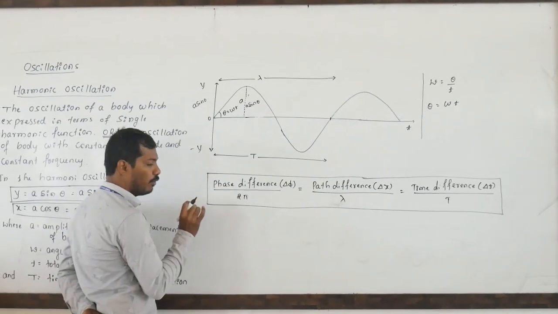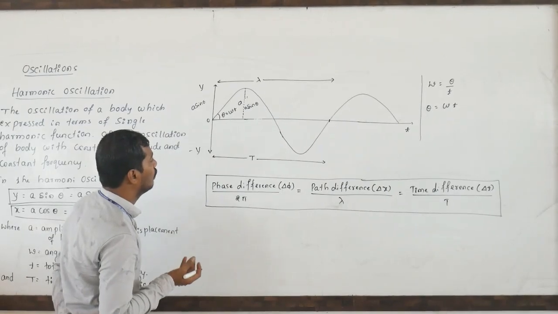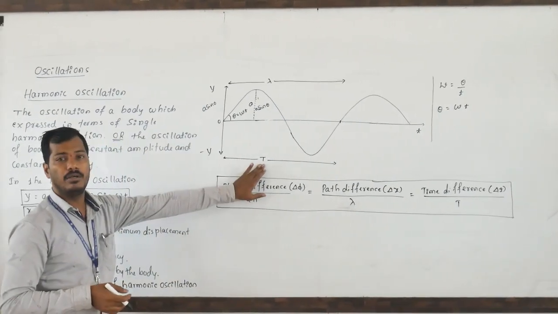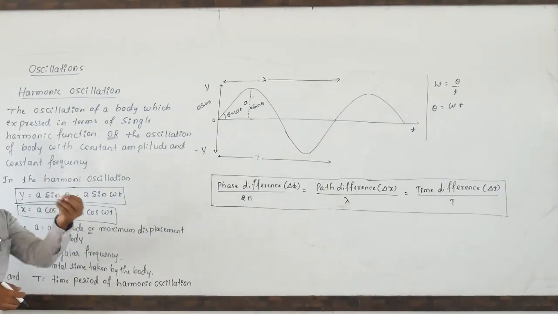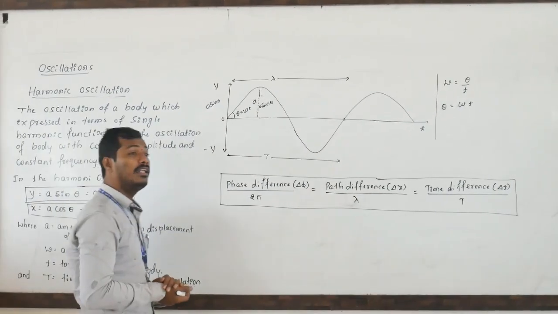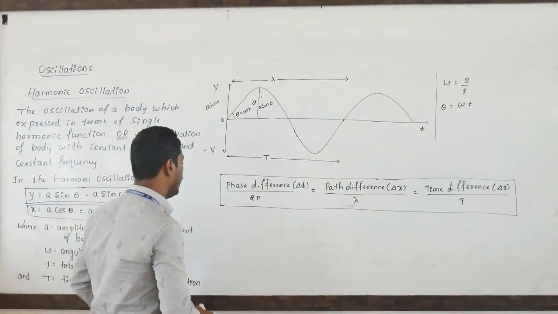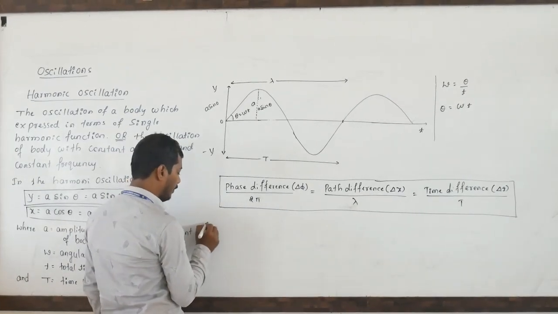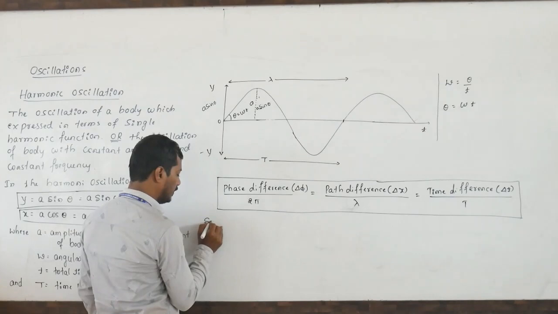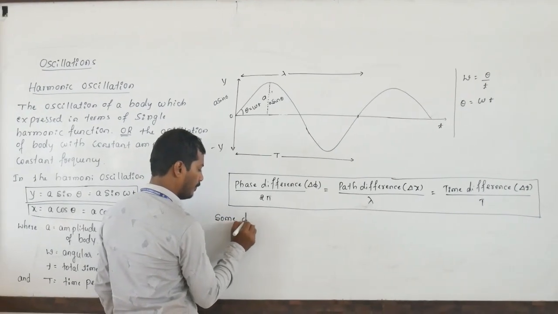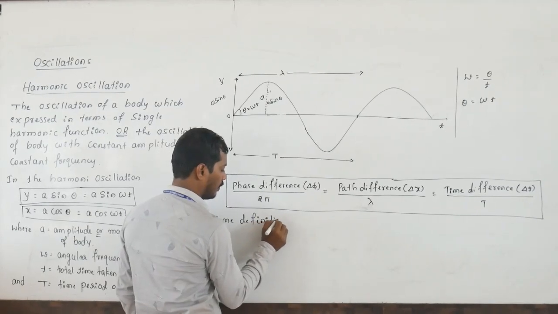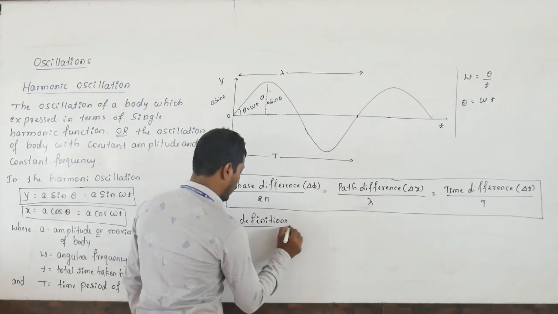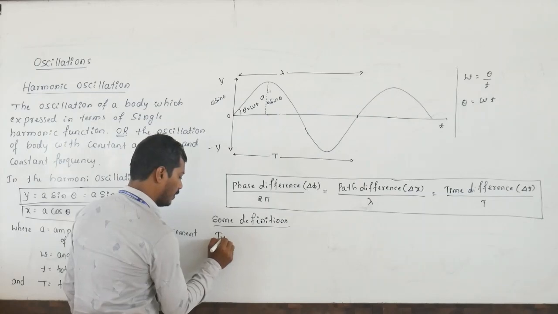Then some important definitions. We should know what is meant by time period, wavelength, angular frequency, and the frequency of the body. Frequency here means linear frequency. The first one is time period.